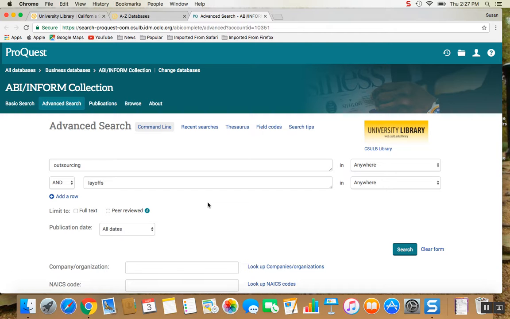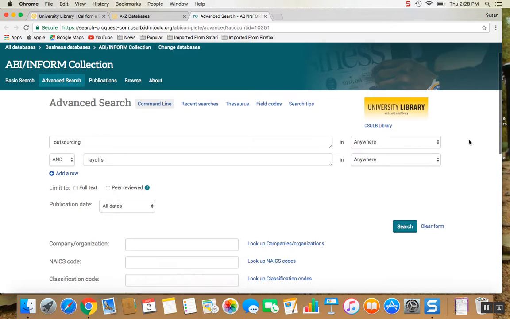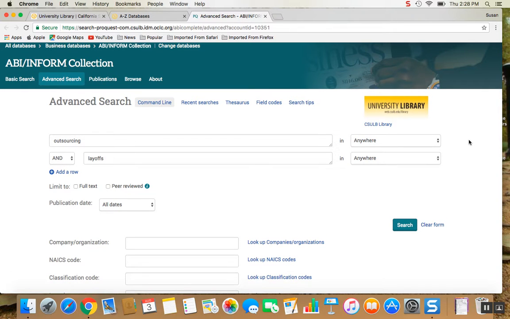Many times, the two databases don't have the same controlled vocabulary, the same subject vocabulary that is being used. So we start again with those keywords. We send them off into the database, kind of like a search party, to see what there is. And then when we get our list back, hopefully we'll be told what those specific subject terms are.